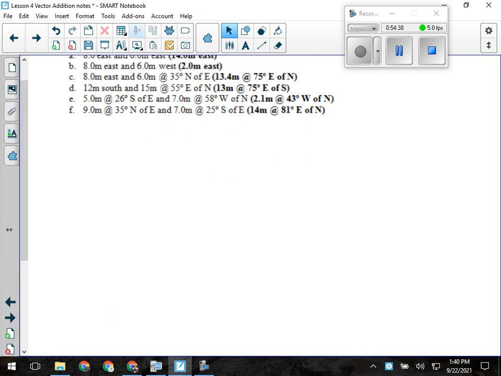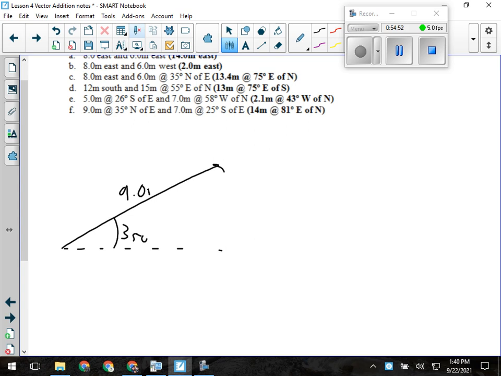So for that one, I'd have my 9 meters, 35 degrees north of east. So I've got east. So I've got exactly what you have. And then my next one is south of east.